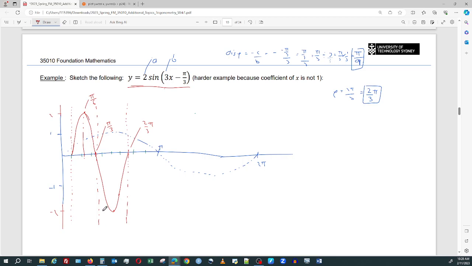Okay. So we're going to add pi on 6 to pi on 3, and that'll give us this point here. So pi on 3 plus pi on 6.